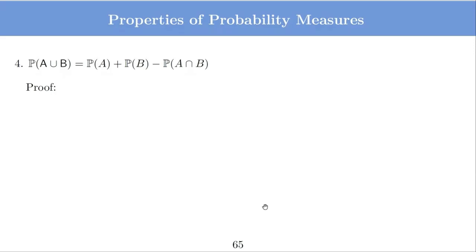Okay, another way to say this is that probability of A union B plus probability of A intersection B is equal to probability of A plus probability of B.